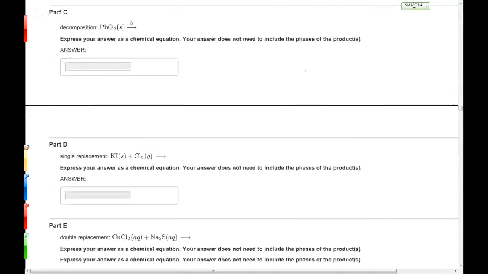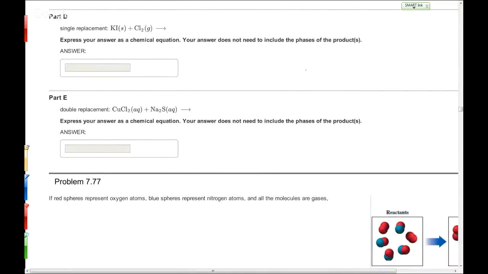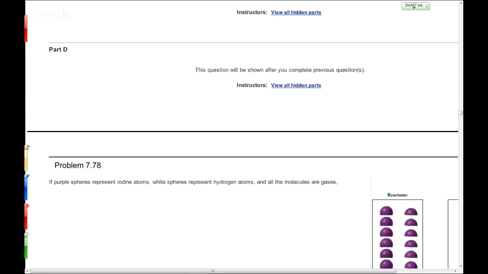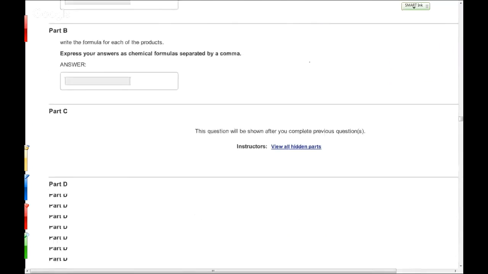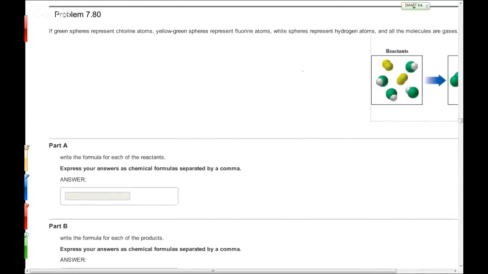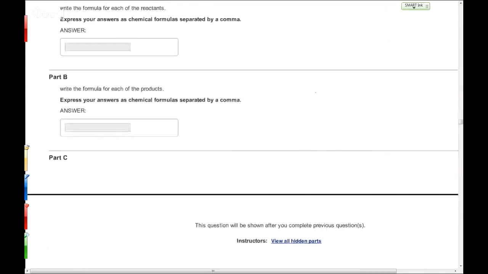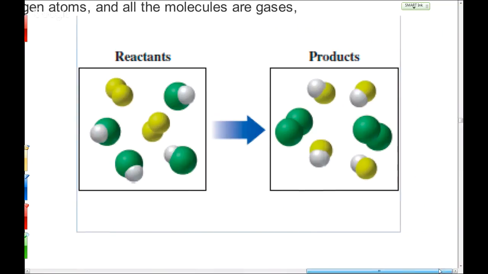Let's try another one. Some of these are getting a little weird. Okay, I don't even know if this is going to show up right. Let's see if we can do this based on molecular shapes like this.